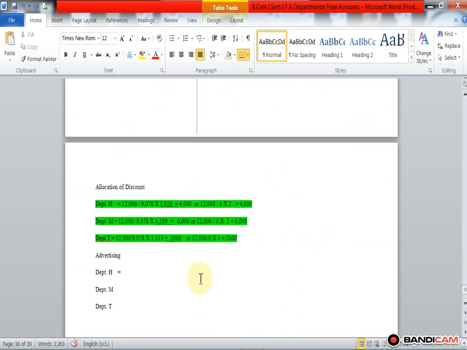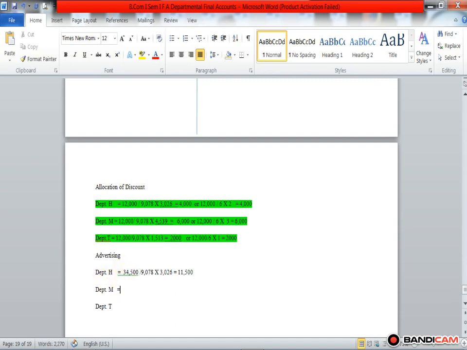So here 34,500 divided by 9,078 multiplied by 3026 is equal to 11,500.